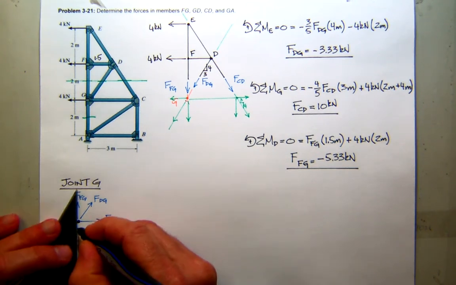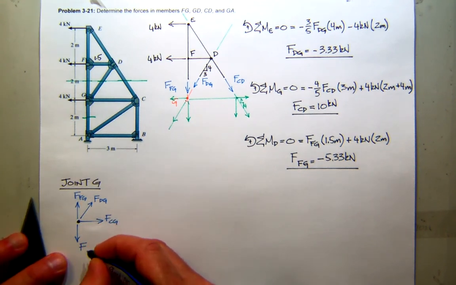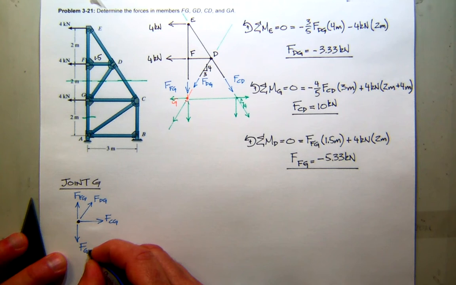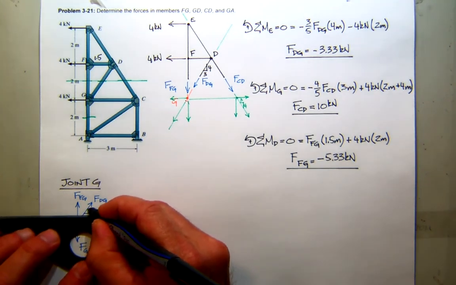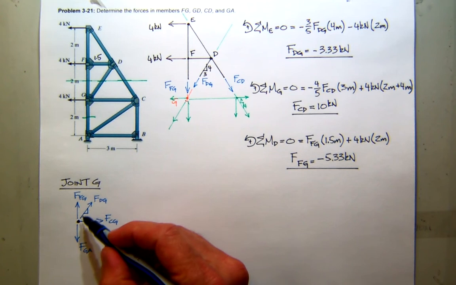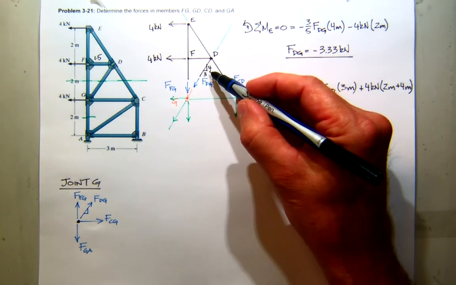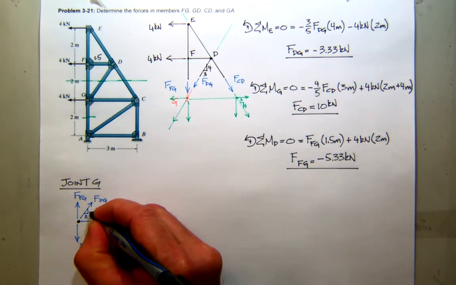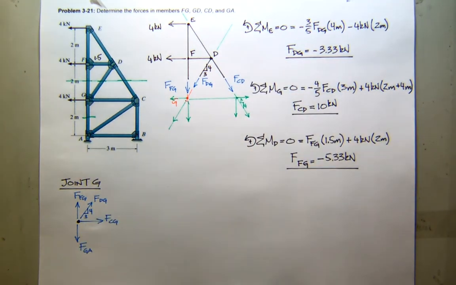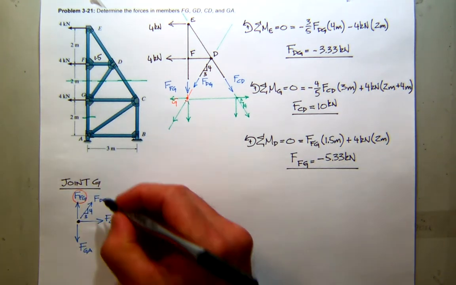And then the one I'm looking for, which is the force in GA. And just to make sure I have everything, I'm going to go ahead and figure out what my angle is here. But I think I already did that. There it is. It's 3 to 4. So I'll just make sure I write that in. I think that's all I need. Also, just to remind myself that I already have found those values.